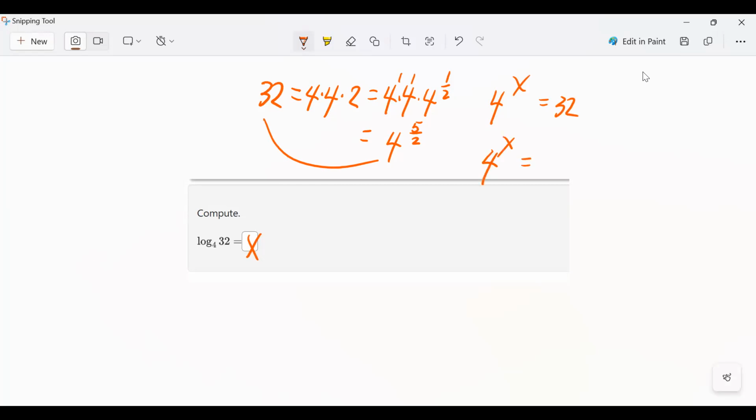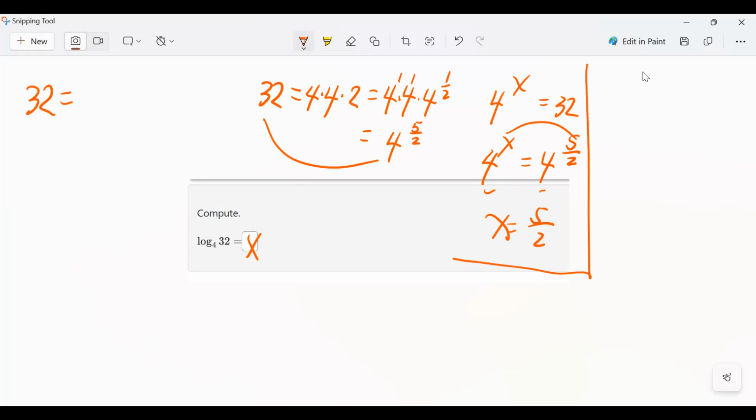So this is 4 to the x and 4 to the 5 over 2. Now same base, x is equal to 5 over 2. But again, this is harder to tackle, right? So usually it's easier to decompose 32 as 2 times 2 times 2 times 2 times 2, so that will be 2 to the 5th. And then 4 is 2 to the 2nd. Now same base.